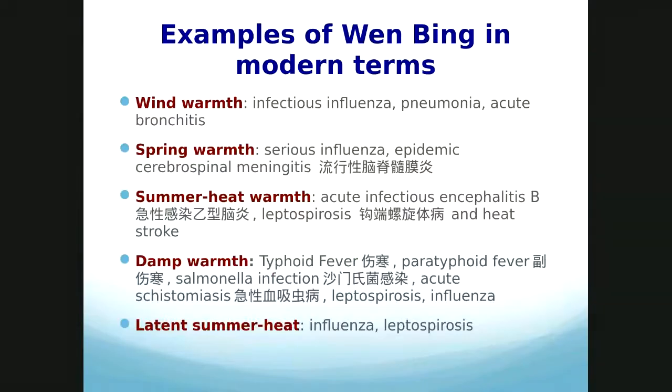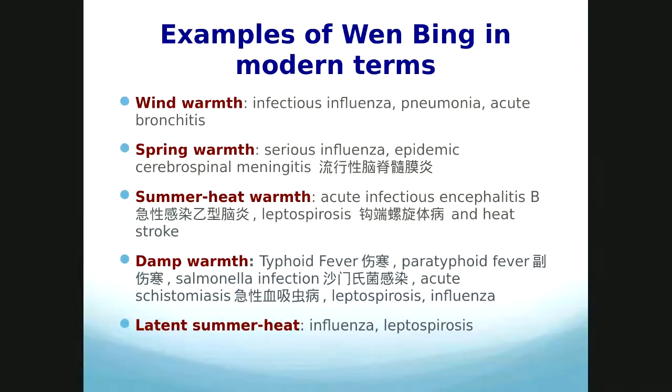Here is a list of names of Western diseases you can choose from. So wind warmth could be represented in infectious disease or influenza, pneumonia, or acute bronchitis. Spring warmth usually represents more severe influenza or epidemic cerebrospinal meningitis.